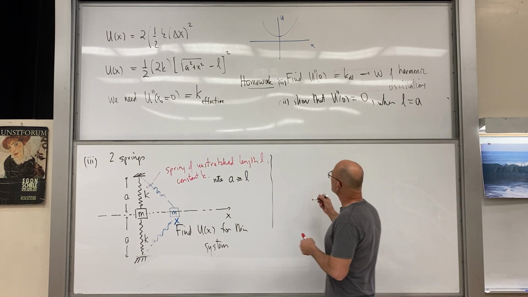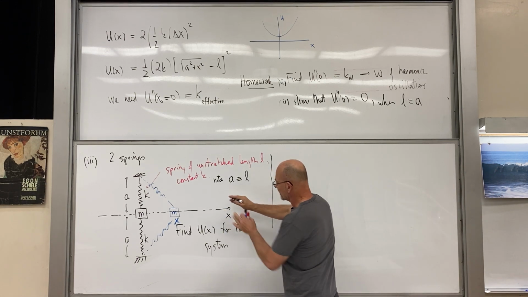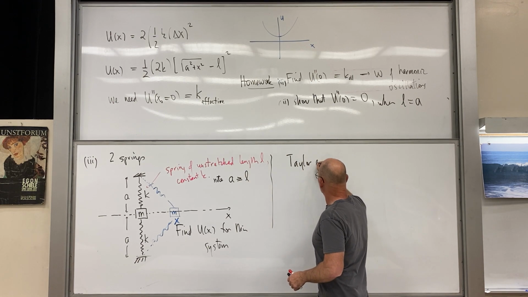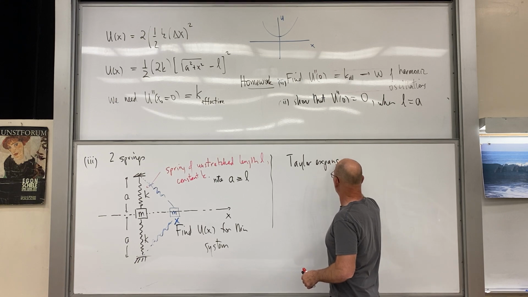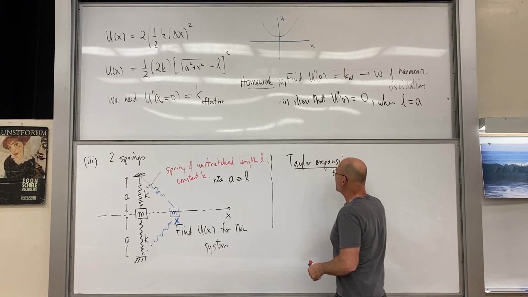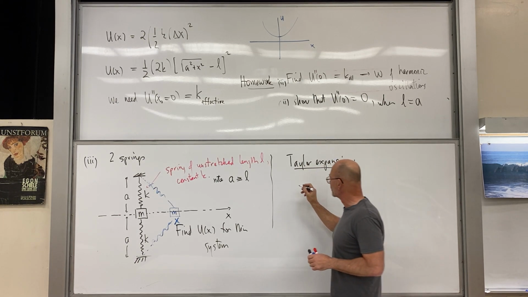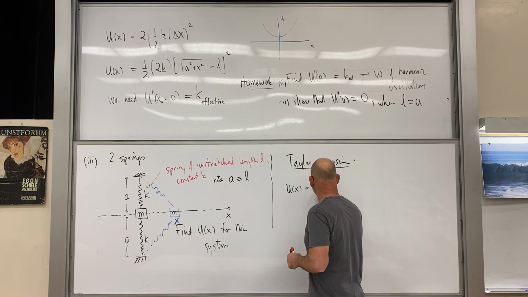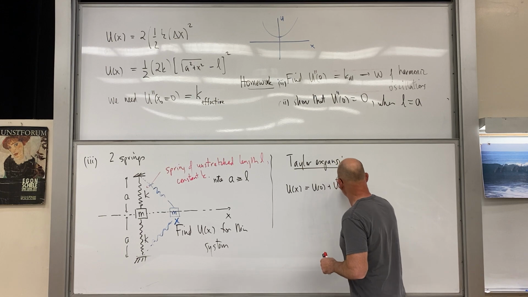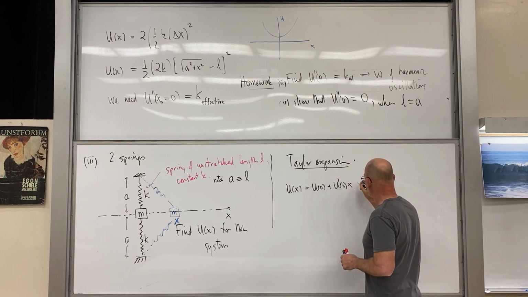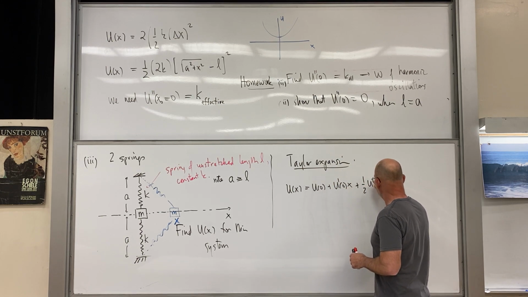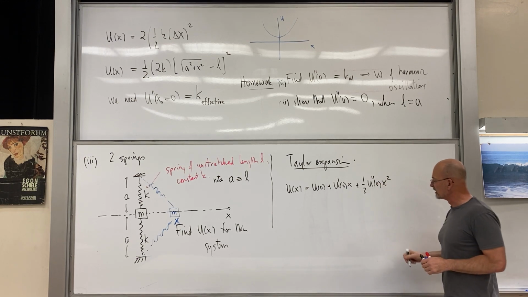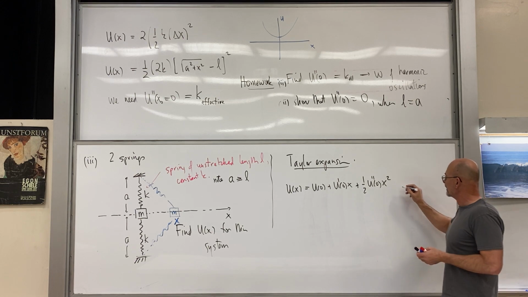So the Taylor expansion, I'm going to go ahead and leave this picture up, that's good. First of all, just write out several terms. So u of x is equal to u of 0 plus u prime of 0 x plus 1/2 u double prime of 0 x squared. And of course, that's your homework assignment, right?